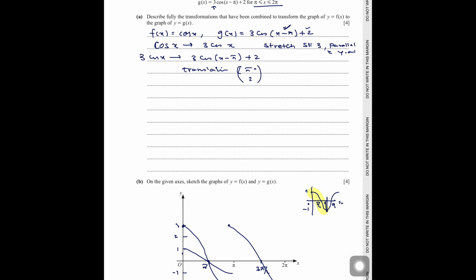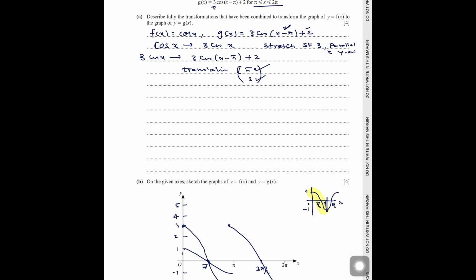So this is y equals 3 f(x). Then this is y equals 3 f of x minus pi. Now there is a second step. I'm done with this, but I didn't add 2. So I need to add 2. So the graph is pushed up in the y direction, up by 2. So this is 3, 4, 5.